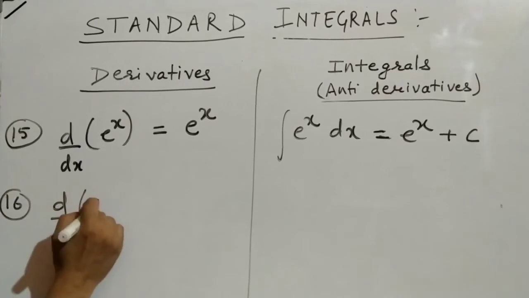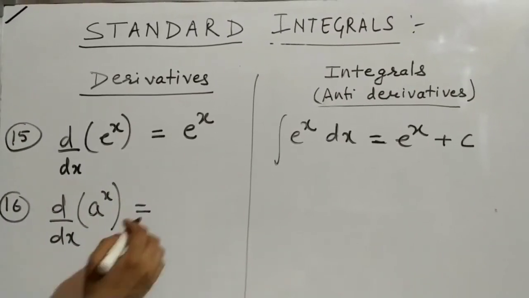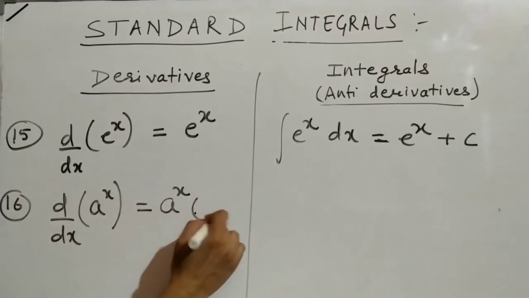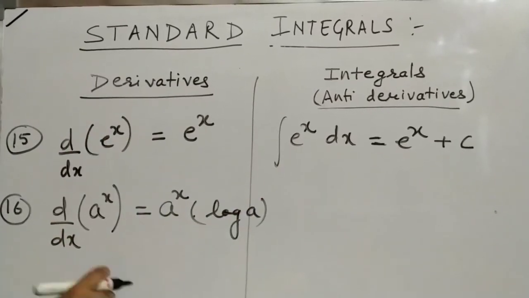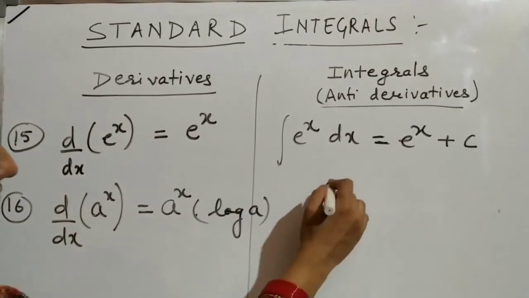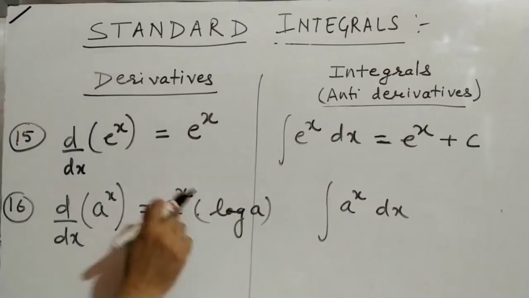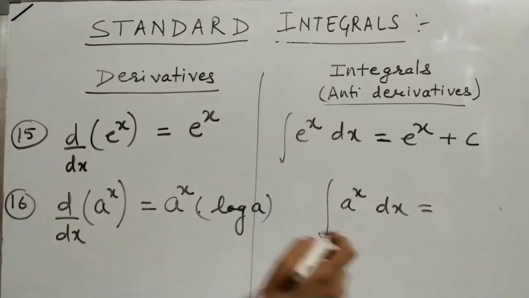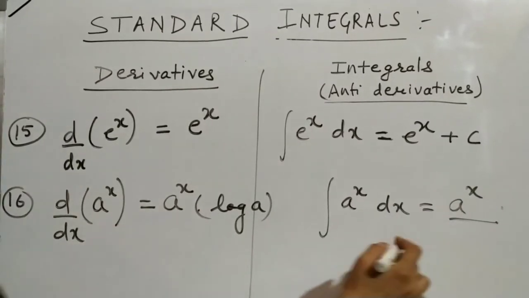Derivative of a to the power x with respect to x is equal to a to the power x into log a. That implies integration of a to the power x is equal to a to the power x by log of a.